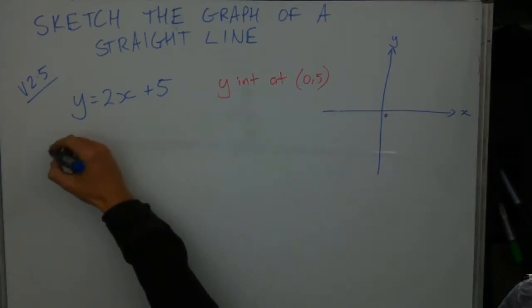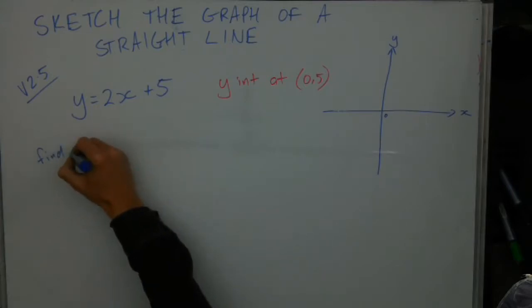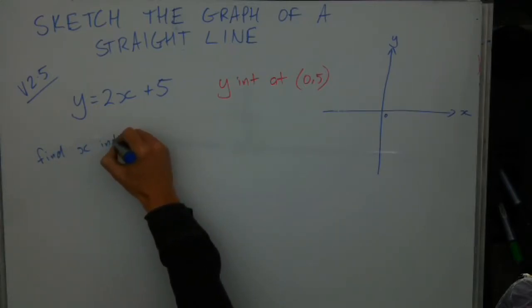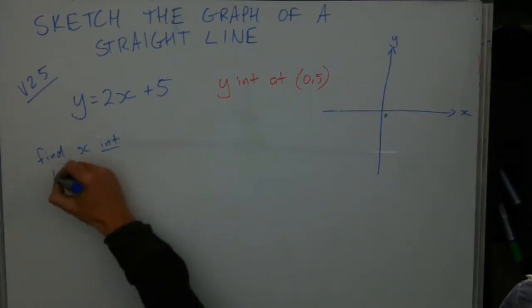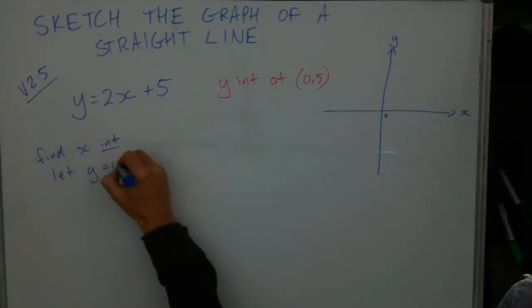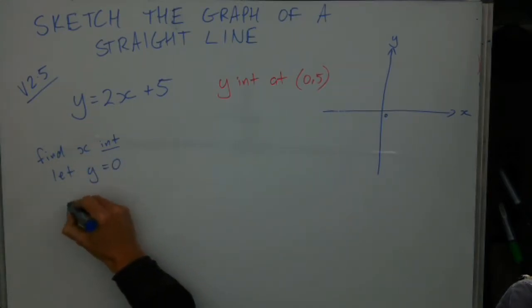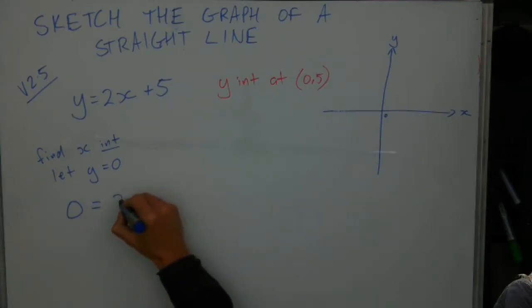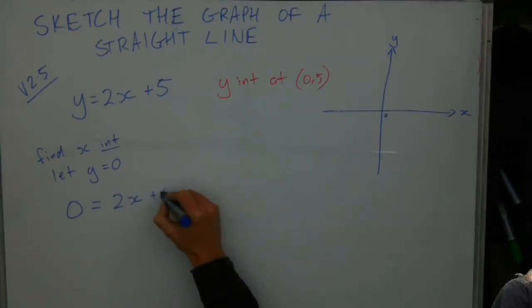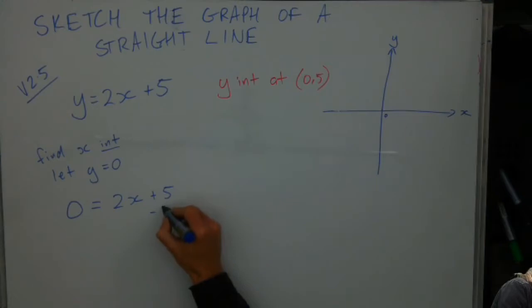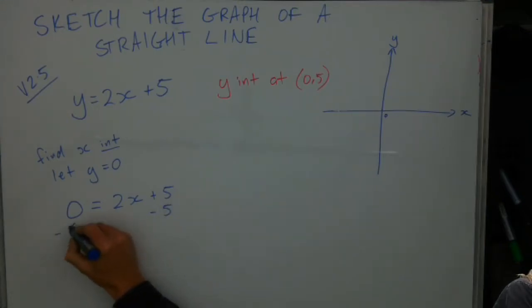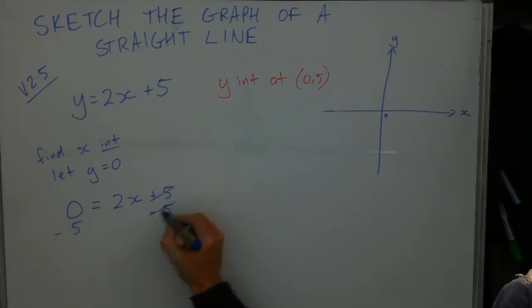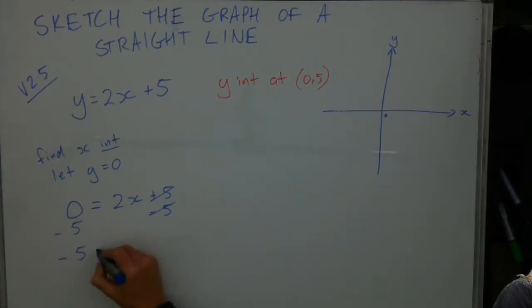So what I'm going to do is find the x-intercept. We're going to let y equal 0, so substitute 0 equals 2x plus 5. I'm going to rearrange now. So that cancels with that. We get negative 5 equals 2x.